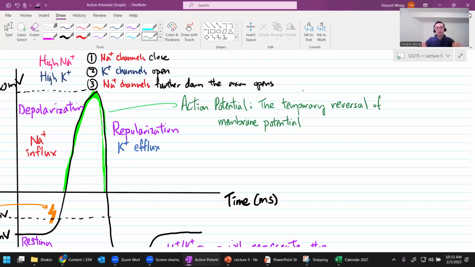The wave, like you stand up and then you sit down, and then it causes the person next to you to stand up and then sit down, right? So it's like that. It will cause the flip, and then the next one will flip, but you don't stay standing up. Once you get up, you gotta sit down again. So once you flip to positive, you gotta flip back to negative, right? So positive, and then you cause the next one to become positive, and so on and so forth.